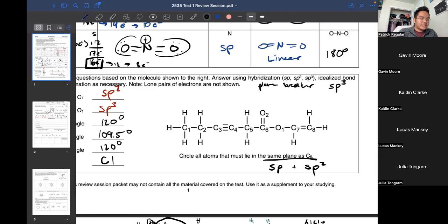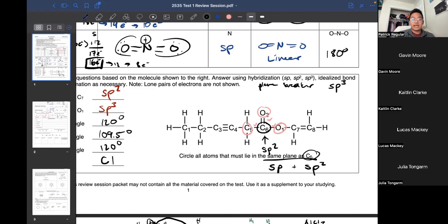So if our reference carbon was carbon 6, that is an sp2. And if carbon 6 is an sp2, every atom around it must be within the same plane. So all these bonds are in the same plane: C5, O2, and O1.